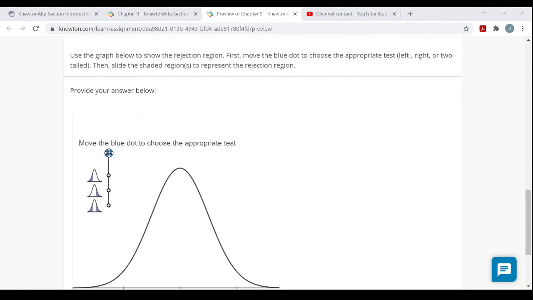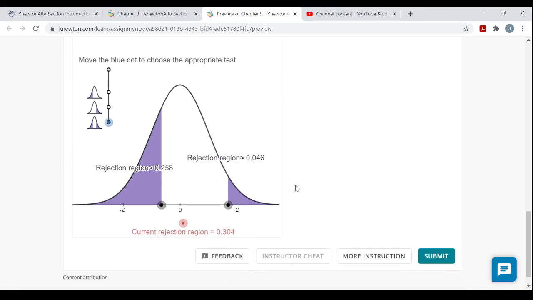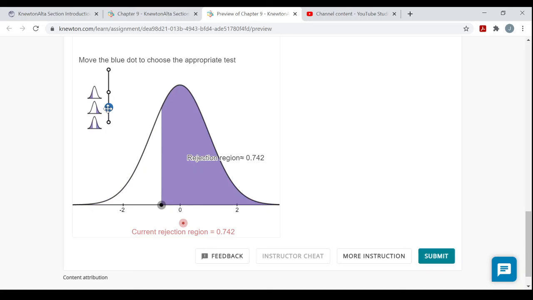So it's a right-tailed test. So this is left tail, right tail. It moved down one more. Right tail, there we go. Right now the rejection region is an area of 74.2%. The value of alpha was 5%. So I'm moving this black dot here until we get an area to the right of 0.05.